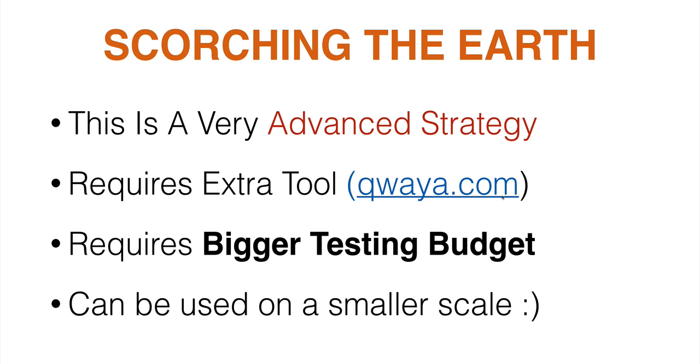And rather than having to wait 1 or 2 weeks before you really get enough data to find out where your money's being made, it takes like 1 or 2 days using this strategy, but you do pay for it. All right, and you can use this on a smaller scale, so don't freak out. You can minimize what I'm going to show you to a smaller level, okay?